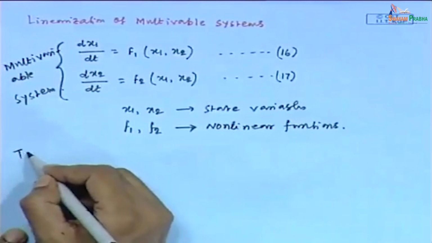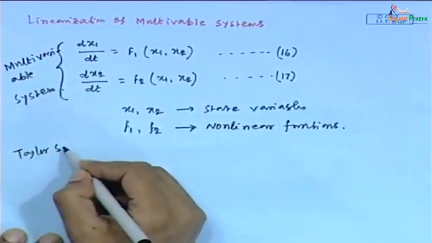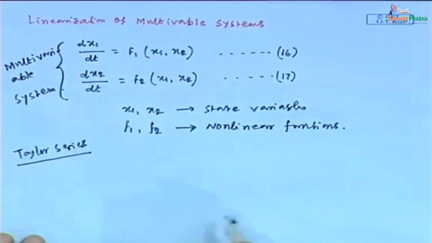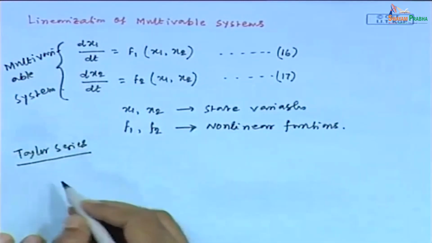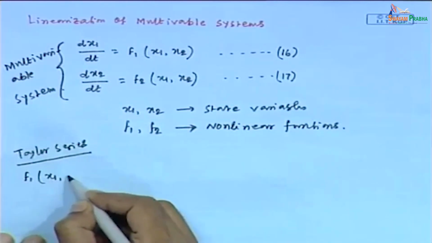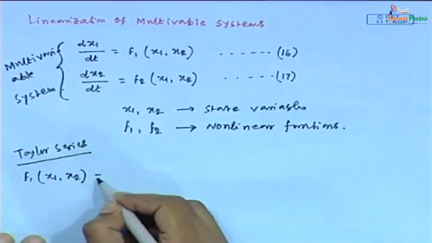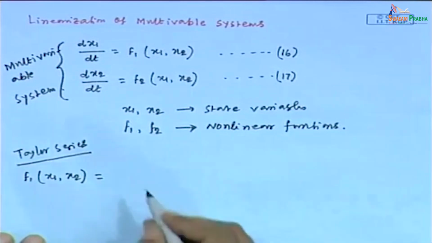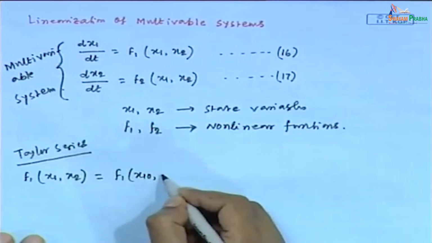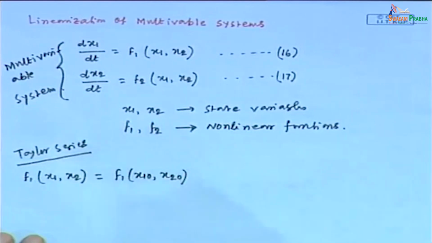According to the Taylor series, what will be the linearized form of the first function, f1 of x1 and x2? The first term will be f1 at x1 naught, x2 naught.